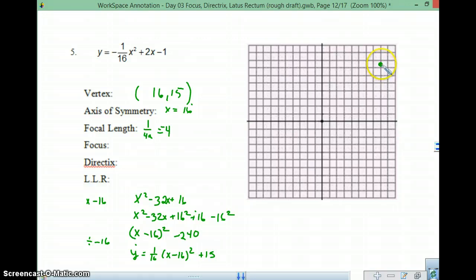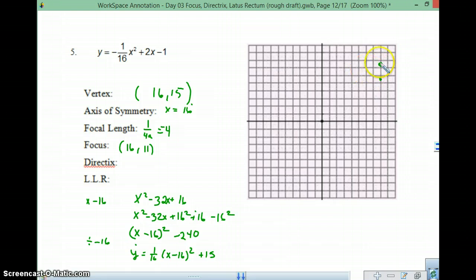So next, we're going to count up or down 4. Yeah, this one's opening down, so we're going to count down 1, 2, 3, 4. Okay, there's the focus. The focus is at 16, 15 minus 4 is 11.